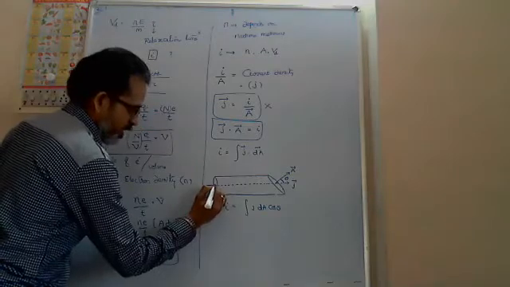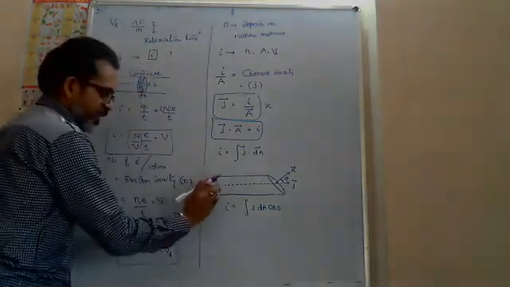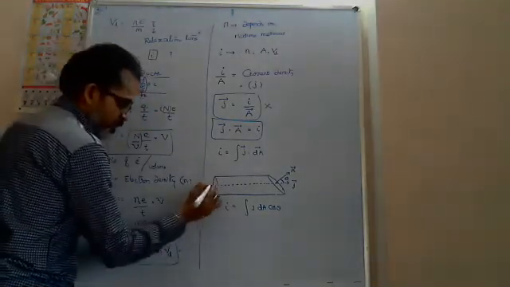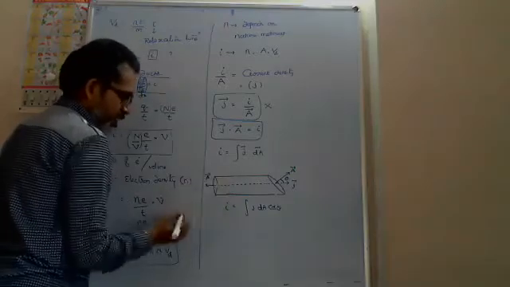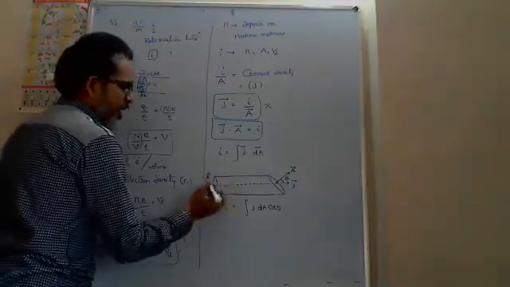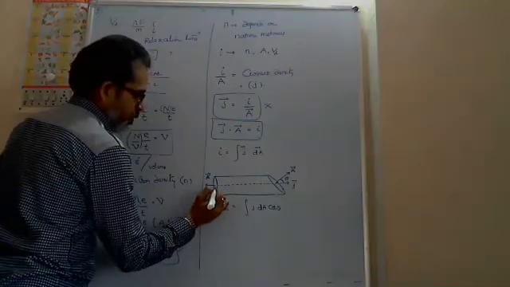Whereas you won't get such a case here. At this cross section, just drop the normal here. Suppose it is the normal, the area vector, and here suppose current is flowing in that direction.